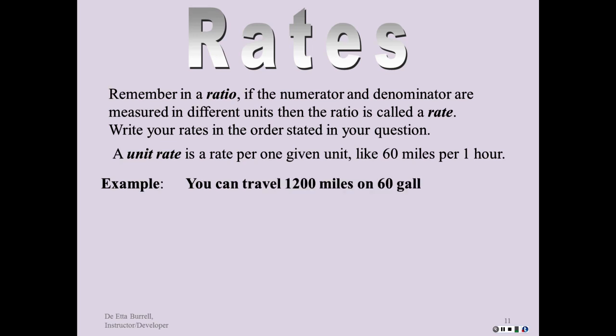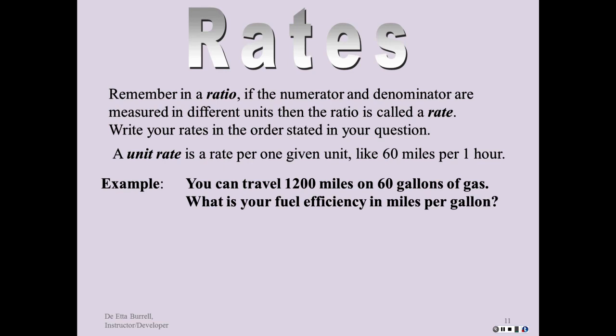So let's have you guys do this example with the rate and the per unit. You can travel 1,200 miles on 60 gallons of gas. What is your fuel efficiency in miles per gallon? Tell me what the miles per gallon would be. How much did you say?